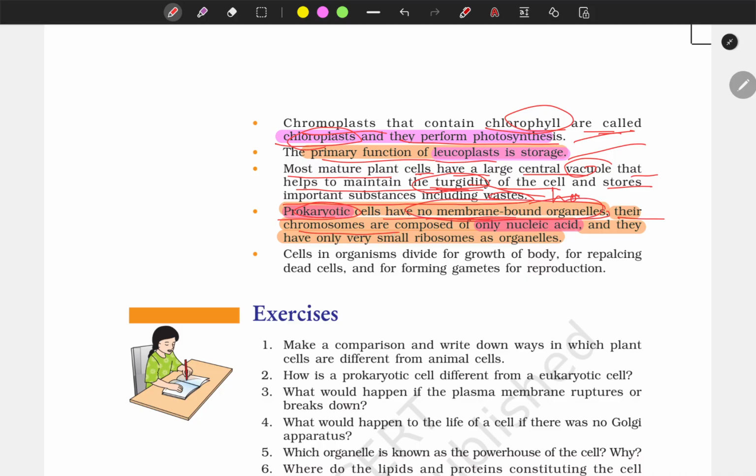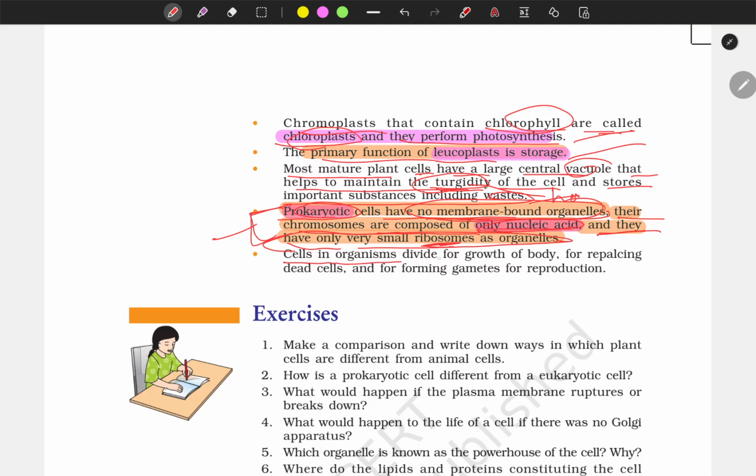Their chromosomes are composed of only nucleic acid, and they have very small ribosomes as organelles. Ribosomes manufacture proteins. So they are less evolved, less systemized.